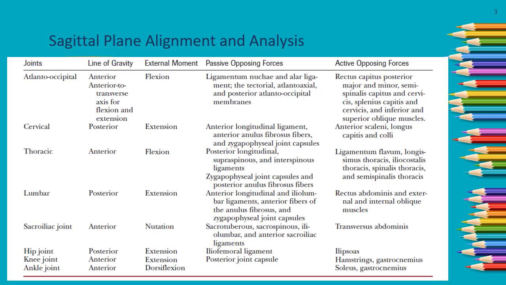As it is passing posterior to the cervical, the moment developed is extension. As it is passing anterior to the thoracic, the moment developed is flexion, and so on for the lumbar, sacroiliac joint, hip, knee and ankle. Based on that, you can have a quick review of the forces, that is the passive opposing force and the active opposing force.